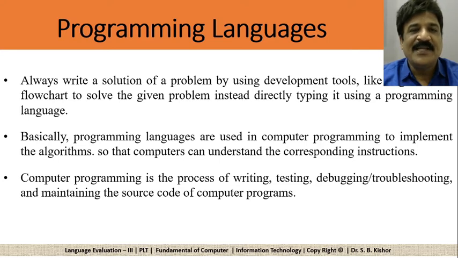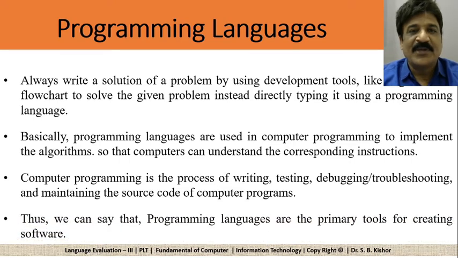And maintaining the source code. Why do we need to maintain it? Because in future you may require the same program for further use. So in that case you need to maintain that program. So unlike an algorithm, when you write a program, you need to take care of many other things.